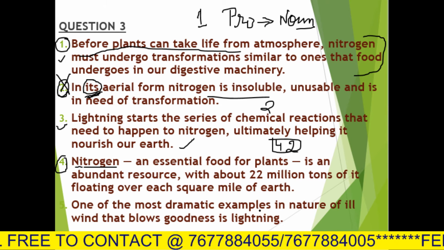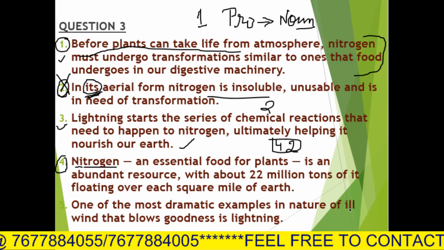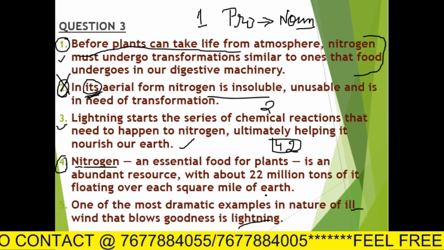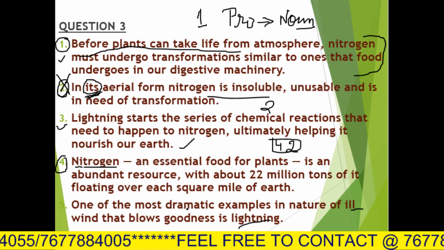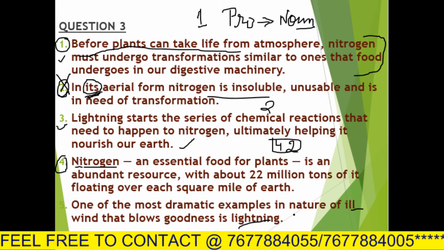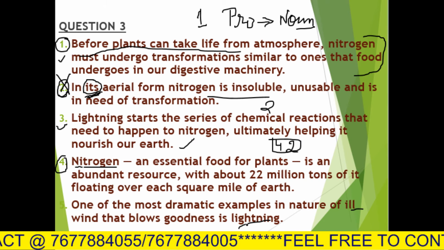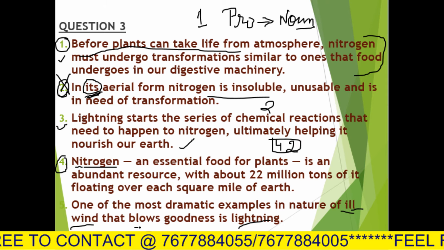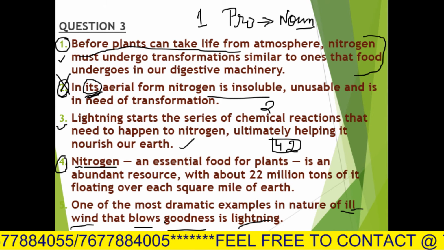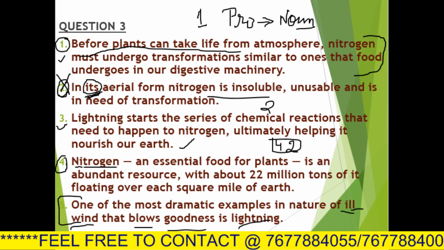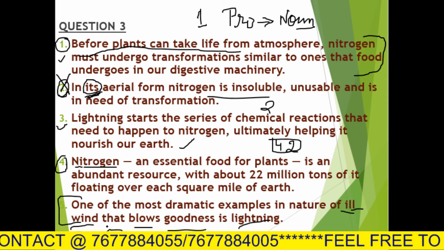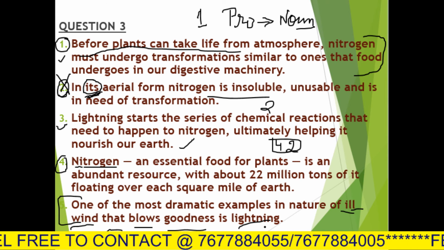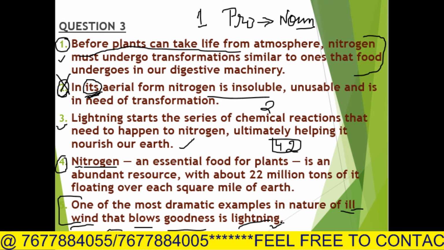Let's move on. "One of the most dramatic examples in nature of ill wind that blows goodness is lightning." This is very interesting, like a phrase: "ill wind" is a negative word, and it blows goodness, which is lightning. If we try to form a paragraph using 5 as our first sentence, we must follow related information.